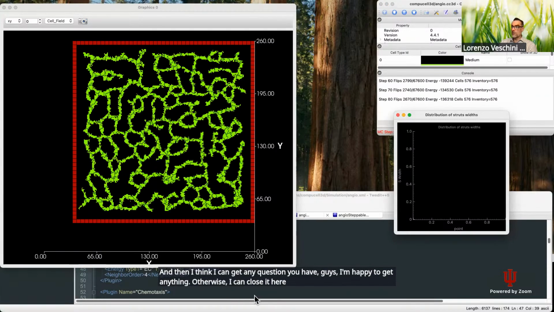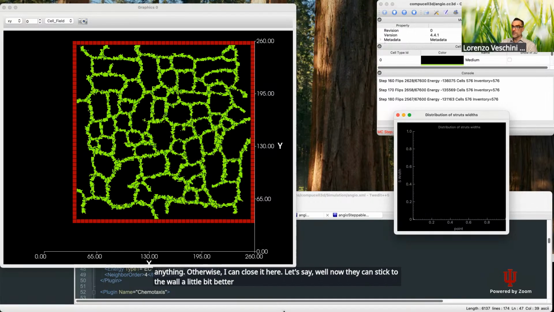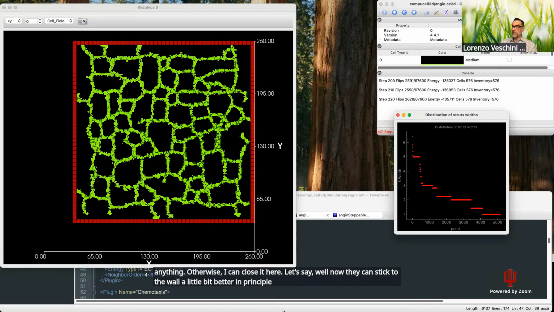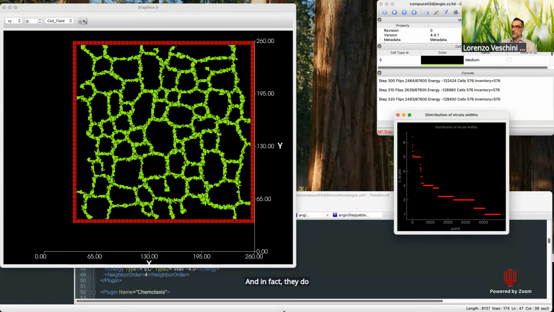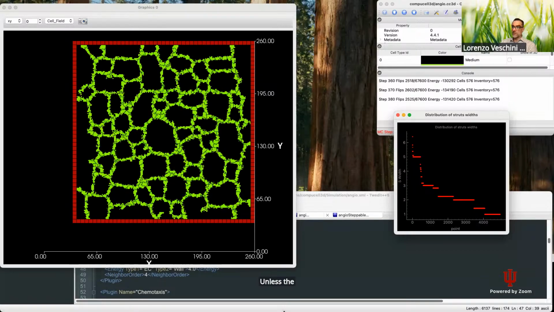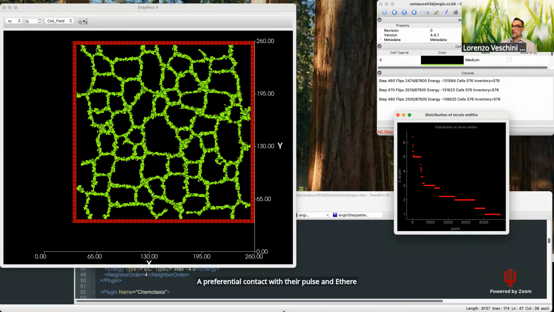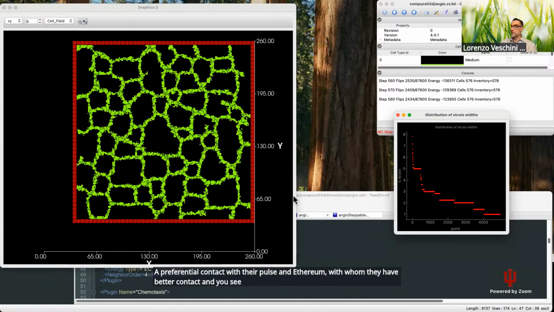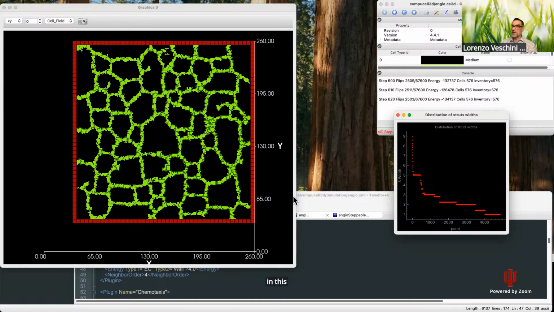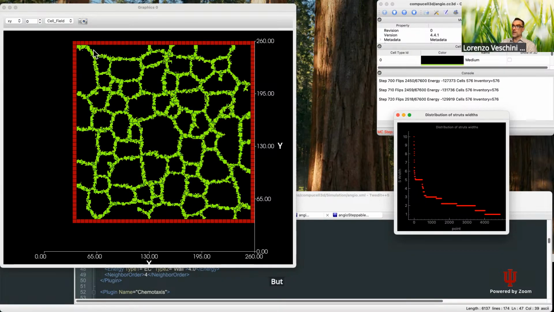Let's say, well, now they can stick to the wall a little bit better in principle. And in fact, they do, unless they have a preferential contact with their peers, the endothelium, with whom they have better contact. And you see, in this particular case, the stickiness doesn't prevail, but they remain attached.